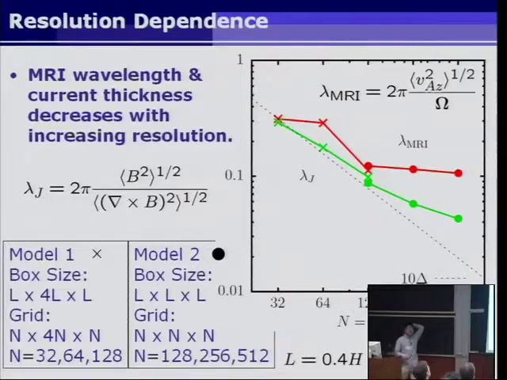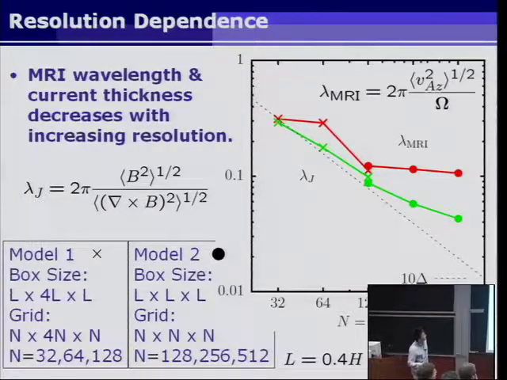Actually, the size of this channel flow depends on the resolution. We define two different length scales. One is the MRI wavelength, defined by the root mean square of V, and the other is the thickness of the current sheet. The red is the MRI length and the green is the current sheet thickness.